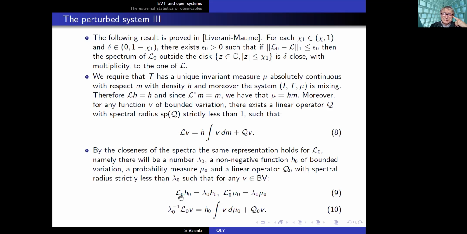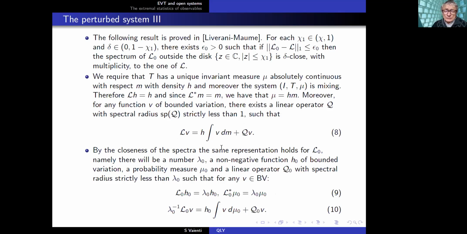Since the operator L naught is close to L, as I said before, it enjoys the same spectral decomposition of the operator L, namely this one, of course with a different density, h naught, and with a different eigenvalue, lambda naught, and the spectral radius in particular of this operator Q naught will be strictly less than lambda naught, which is strictly less than 1.